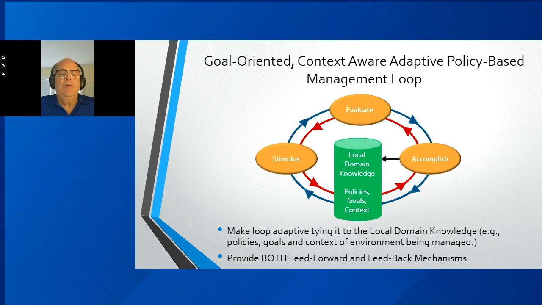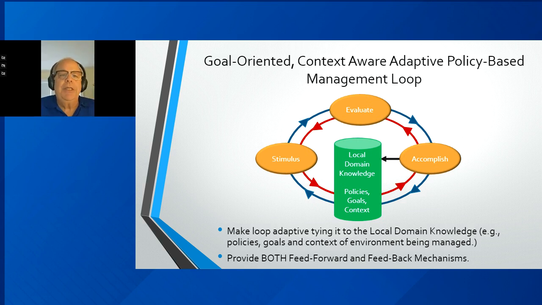And so what we've done is we've introduced a modified management loop, very much policy-based, that not only has a feed forward cycle, but is feeding back. So now when we, for example, detect a stimulus, we feed that back into a local domain knowledge base so that we keep track of the stimulus.